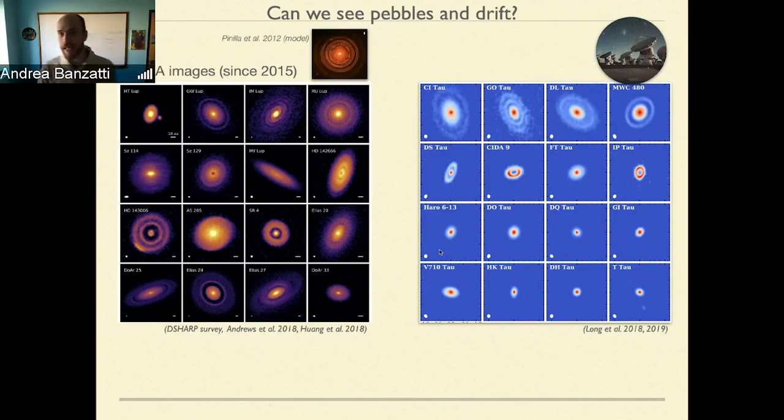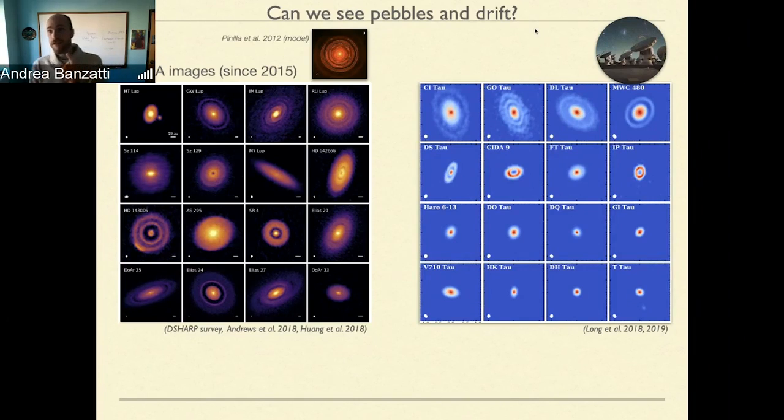And I like also to highlight this other survey that was not biased only towards some of the brighter and larger disks, and showed us the full range of disk sizes, from the largest that always show gaps and rings, all the way to disks that are very small, only 10 to 20 AU in size.